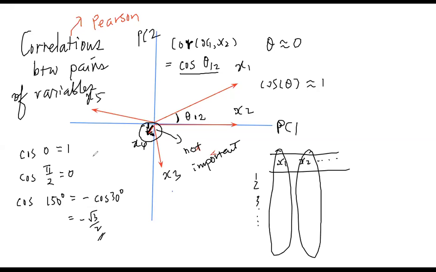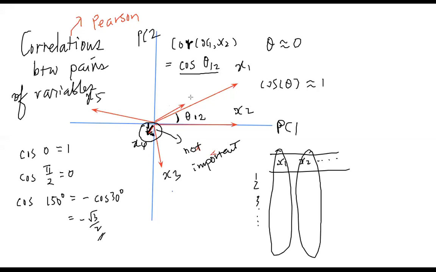You don't have to panic with cosine. You can just calculate that from R, but it's nice to recall these basic properties. So if two vectors are very close to each other and almost parallel, like something like this.